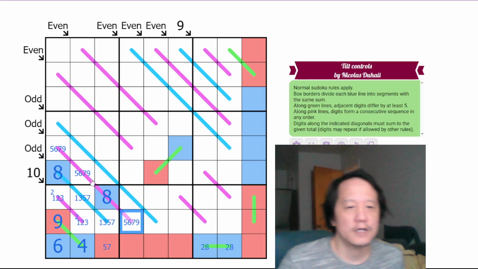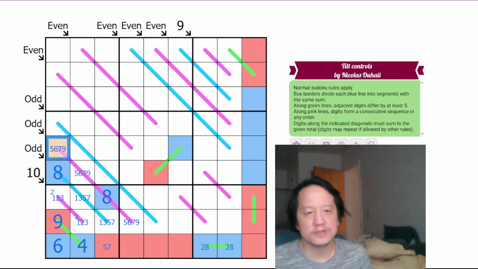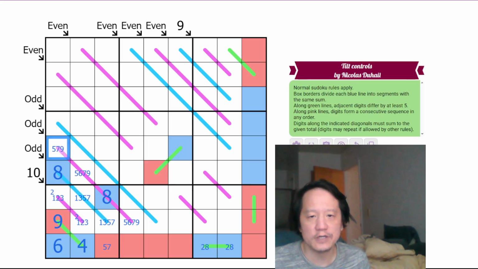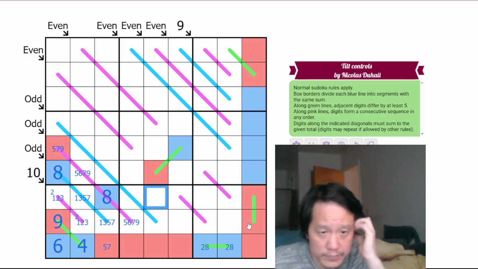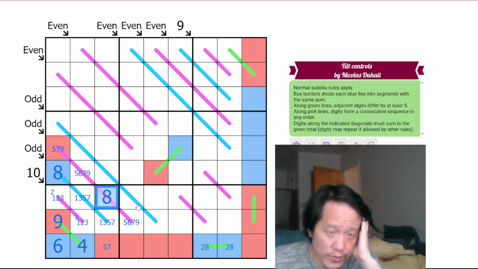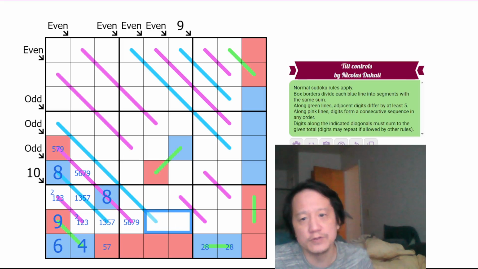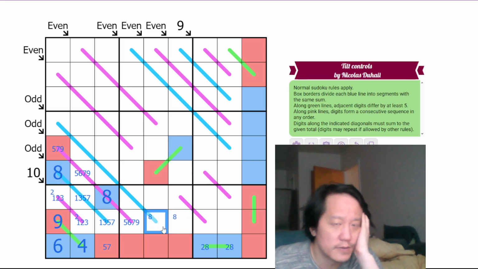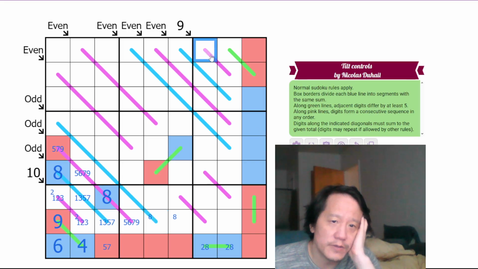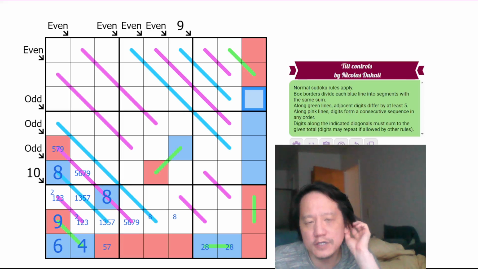This can't be 6 because of 6 in the column. So this must be an odd digit here. We have 8 here, so 8 has to be one of these two digits remaining here. This adds up to 9, and we have an even digit here.